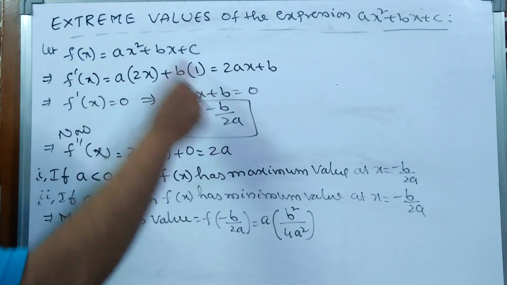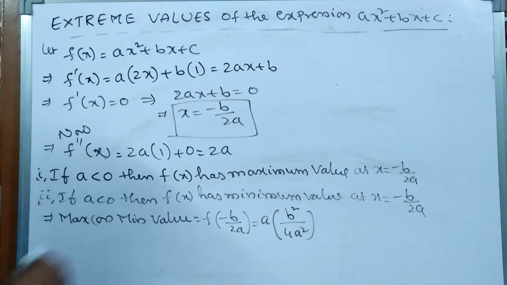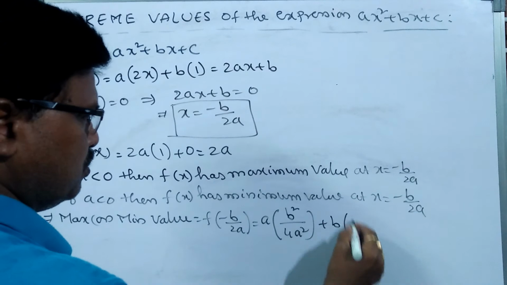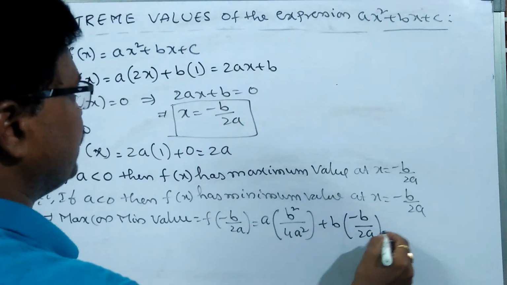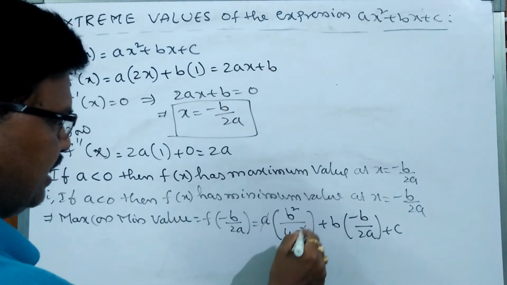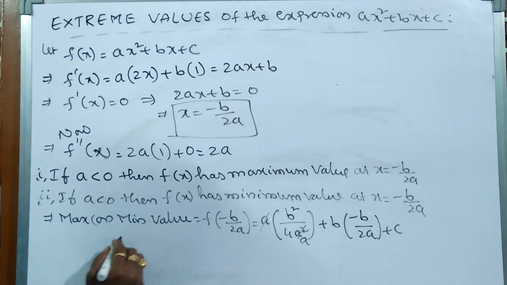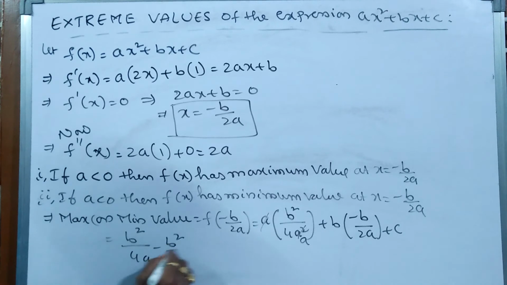A into minus b by 2a whole square means b square by 4a square, plus b into minus b by 2a, plus c. Now what happens here? A times gets cancelled. Now what you are going to get? b square by 4a minus b square by 2a plus c.